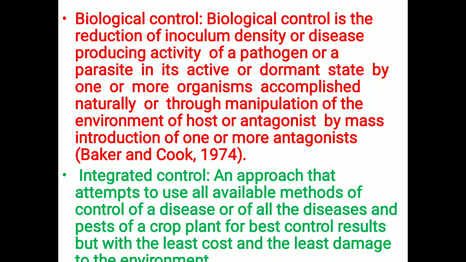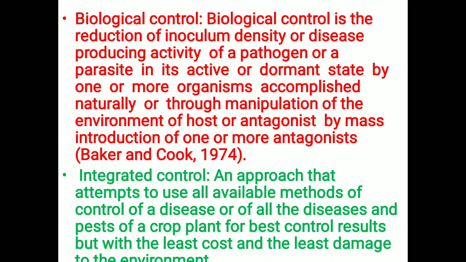Then what does integrated control mean? As we know, integrated means the combination of all the methods of management, as we already discussed, using all the resources available for the management of disease, for example chemical, biological, mechanical and physical methods.